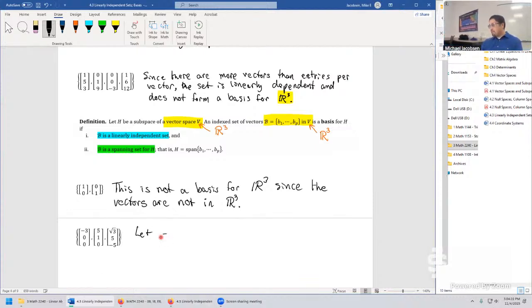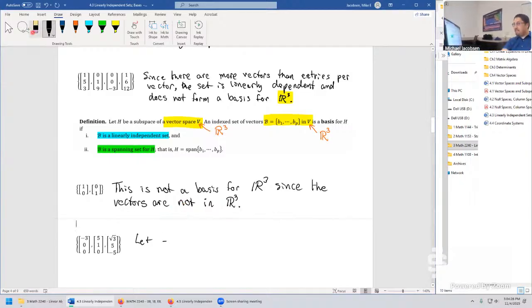Let A, hang on, let me put some space down here. Let A equal, if you ever want to do a shorthand, this would definitely qualify. Let A equal [V1 V2 V3]. V1 would be this vector, V2 would be this vector, V3 would be this vector. Feels like an abuse of notation in a certain sense. I didn't write an equality sign anywhere, but the author takes this approach sometimes in the reading as well.